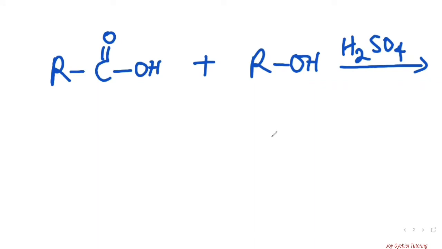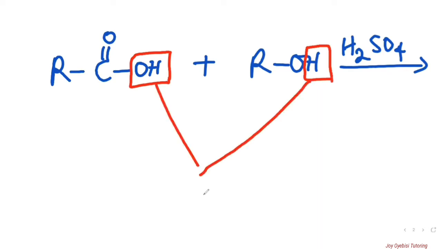So the simplest way to find your product, if you are asked to draw the product for this reaction, would be to combine the hydroxy group of the carboxylic acid with the hydrogen of the alcohol. Now, when you combine these two, they are going to leave as a water molecule.